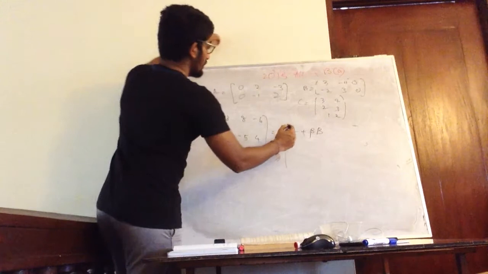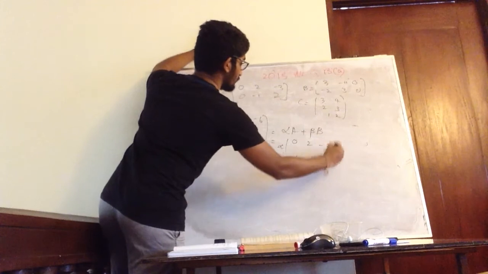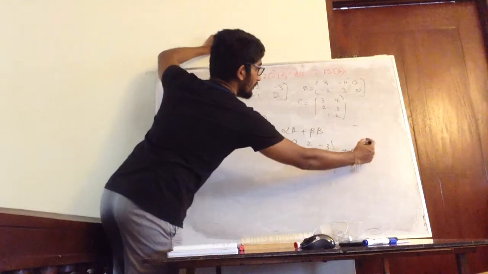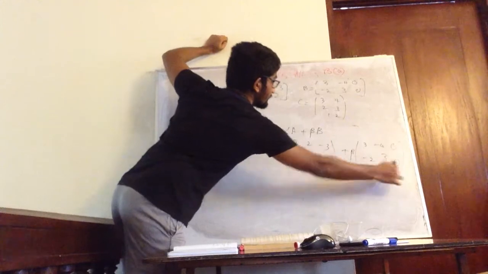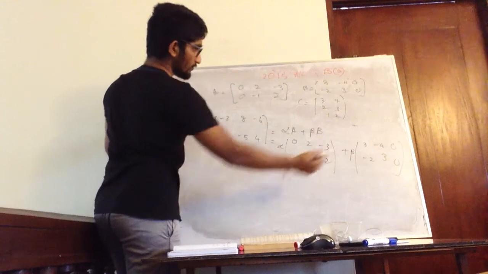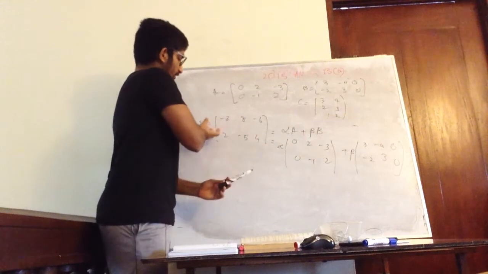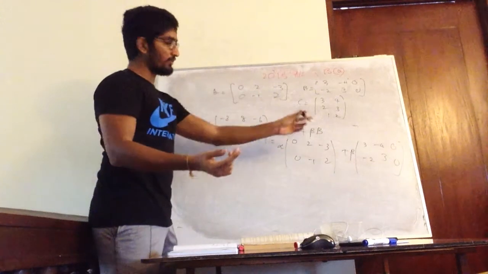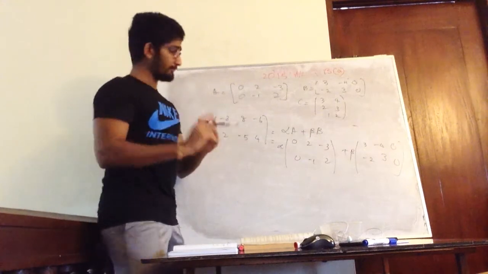So what is A? 0, 2, -3, 0, -1, 2, plus beta times 3, -4, 0, -2, 3, 0. Correct? Now we need to find alpha and beta, so that we can write D in terms of A and B. That is the logic behind this.